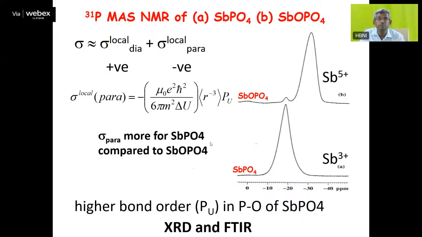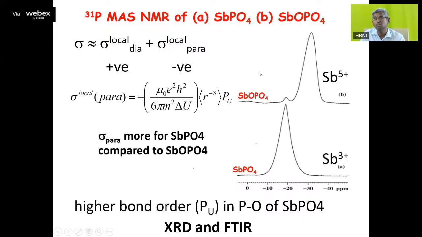From the previous slide, total sigma is the local diamagnetic term plus a local paramagnetic term. The diamagnetic term is positive, coming from Lamb's formula, and the paramagnetic term comes from McConnell's relation and has a negative contribution.